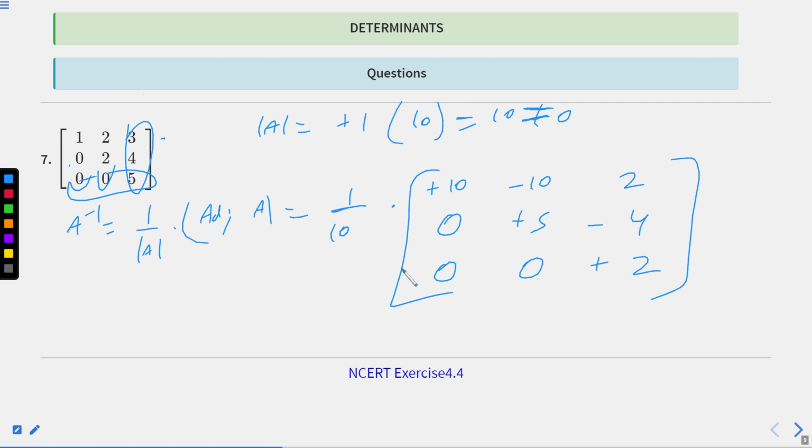So your A inverse will be of this form, as you can see. Please verify it. I hope that we got the correct answer and didn't make any mistake. We will be stopping here, and we will be back soon with the remaining problems of this exercise 4.4, chapter determinants. So thank you all.